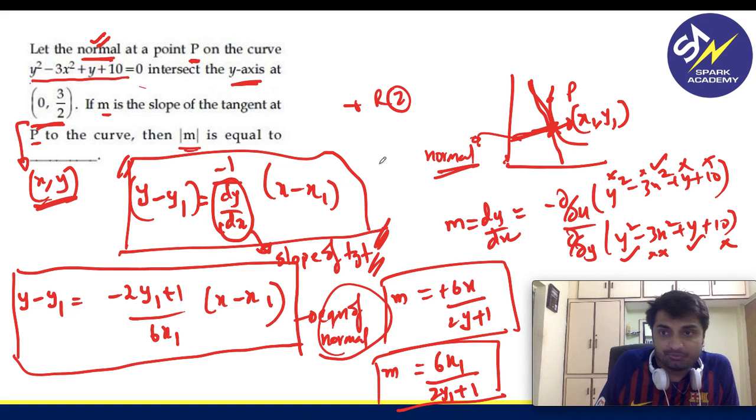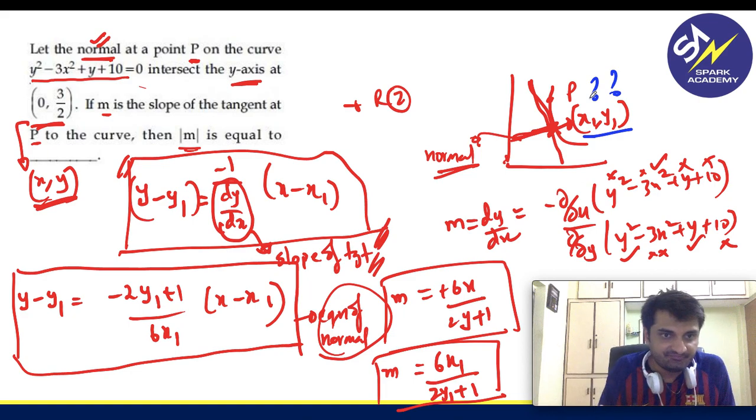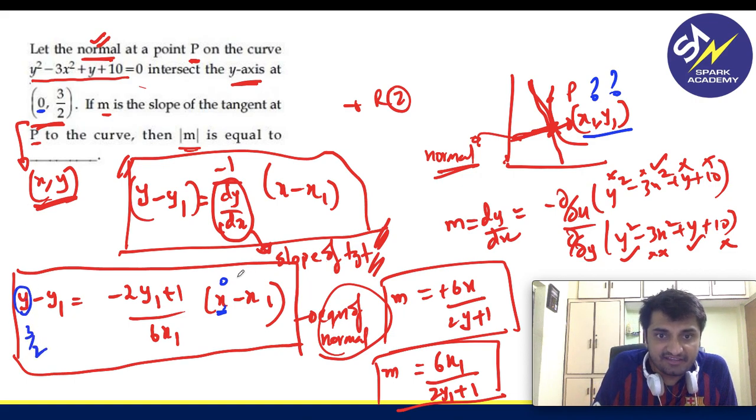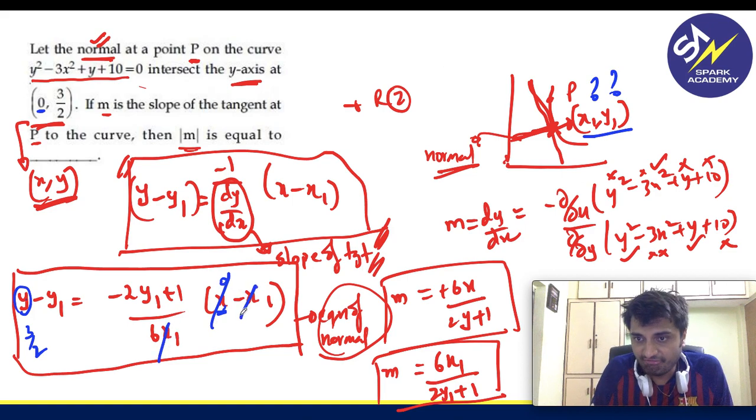First things first, what is given? x1, y1 you don't know, but you know x and y: 0 and 3 by 2. So x value 0 is given to you, and y value is 3 by 2. If you take x as 0, this x1 term will go off.